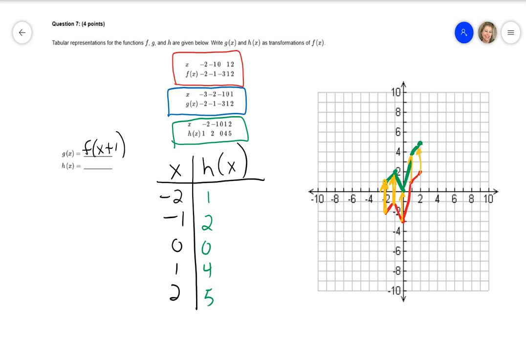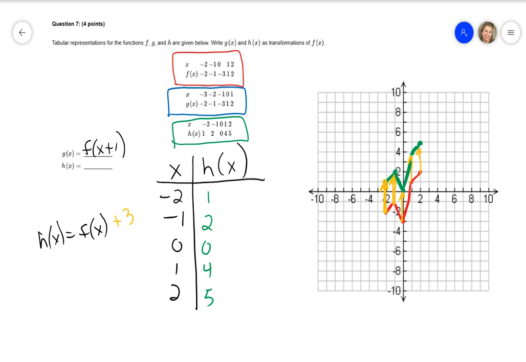Now, if it is a vertical move, then h of x is going to equal f of x, and then all you do is either add to it or subtract from it. If it shifts vertically, you just add. If it goes up, which is a vertical move, you add.